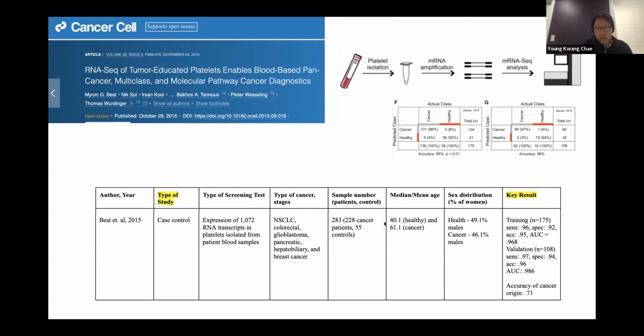Sample. Training, validation, accuracy of cancer origin. Healthy, cancer, males. mRNA-seq analysis. This is a pretty good result.